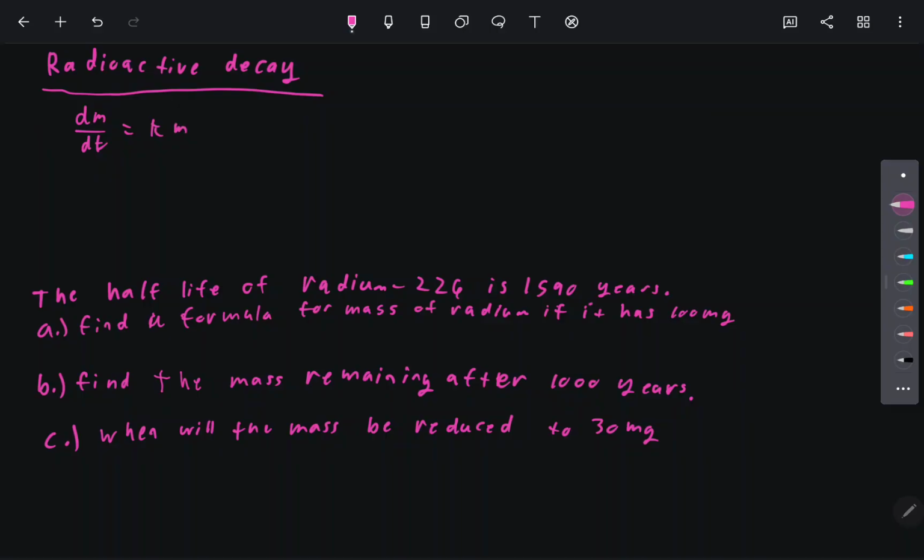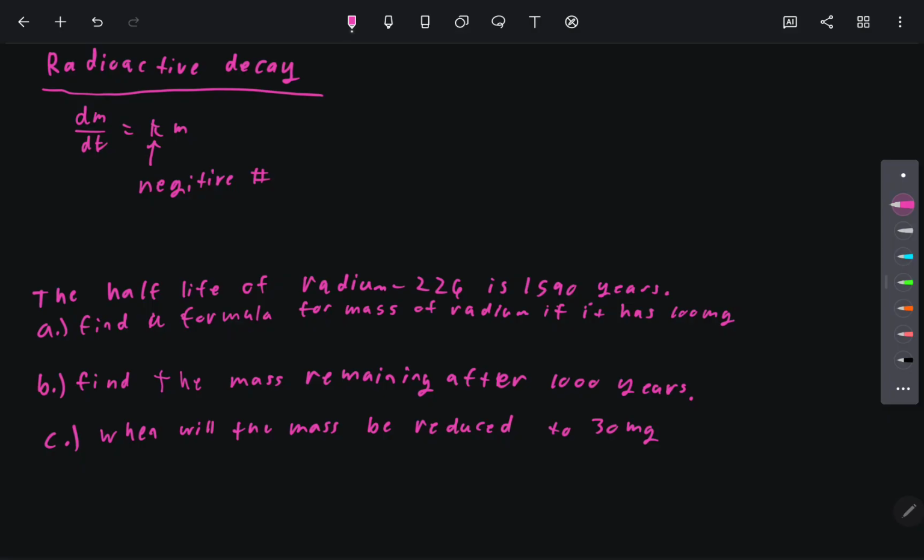It looks the exact same, but in the case of decay, this k needs to be a negative number. Doesn't matter what negative number, that's it. It just needs to be negative. Other than that, it's the exact same as what we've already been doing.